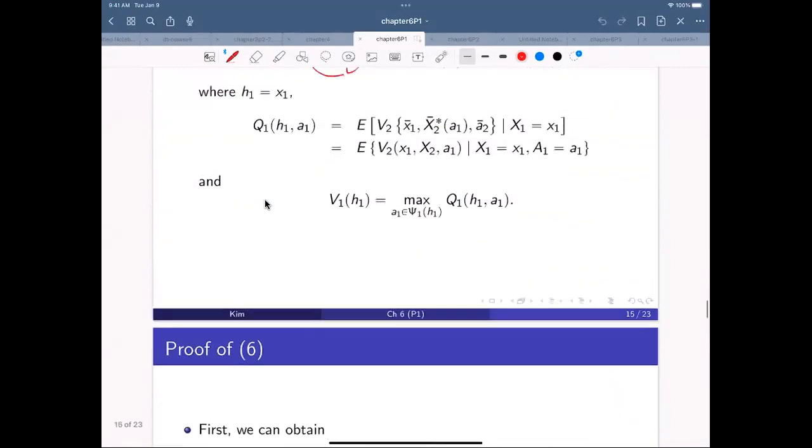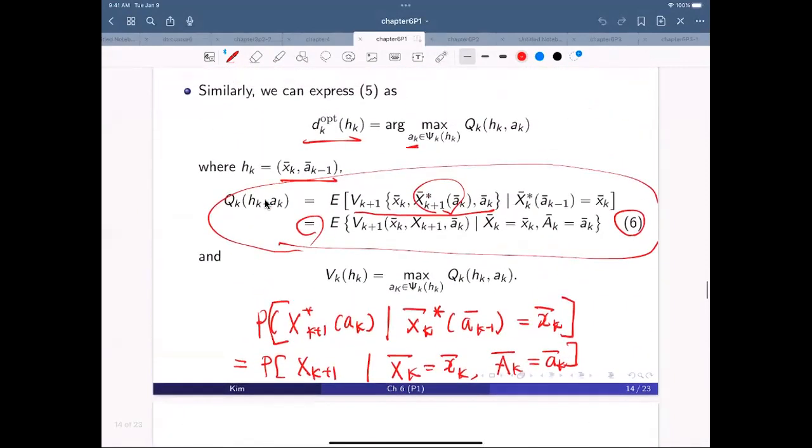It shows the equivalence of this conditional expectation, where the first one is in terms of the potential outcome, while the second one is in terms of the observed data, right?